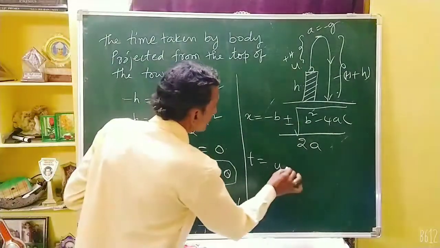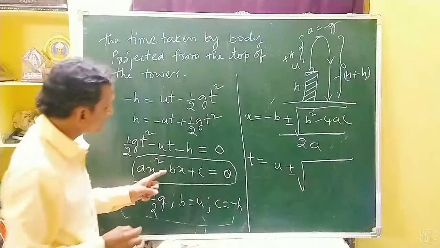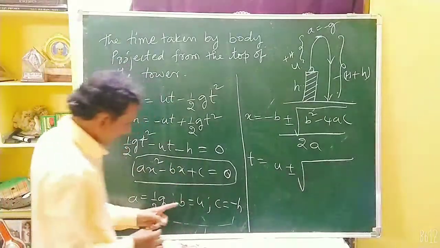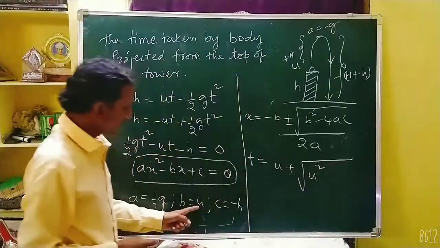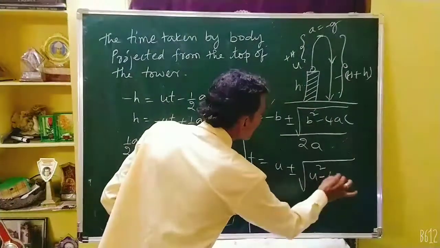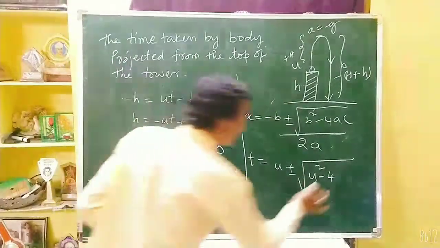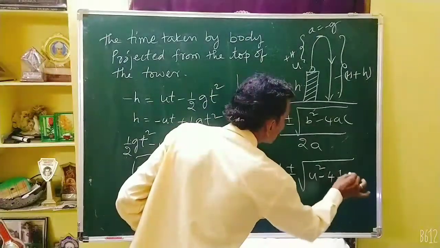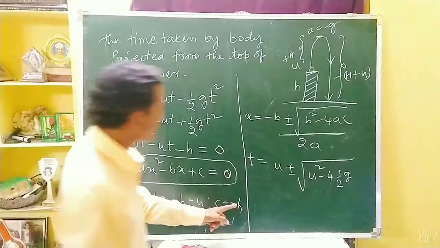So u plus or minus under root of b square. What is the value of b square here? B means u, so u square minus 4 times a. The value of a is 1 by 2 g. C means minus h.